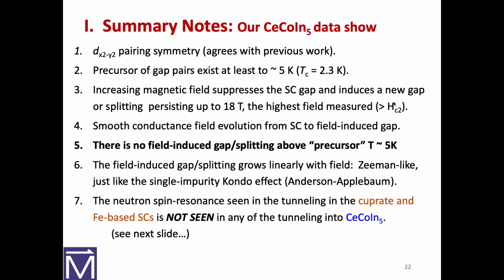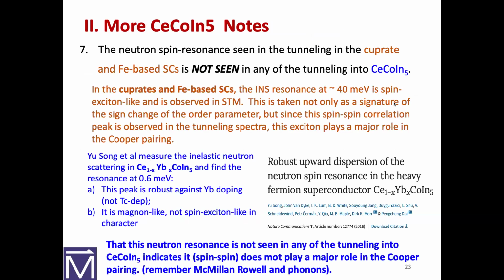Okay, here we go. I'm going to have seven here, and then I'll have a slide where I'll mention this again. The neutron spin resonance seen in the tunneling in the cuprate and iron-based superconductors is not seen. That's the 40 millielectron volt spin correlation peak, and we don't see that in the cerium cobalt indium 5.